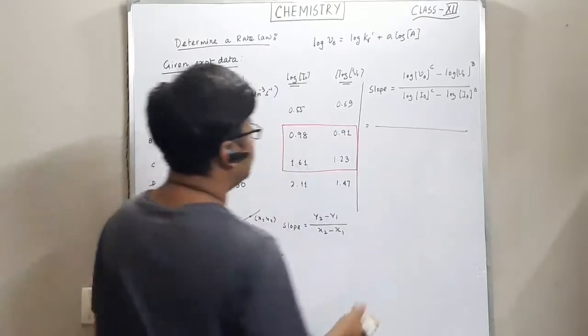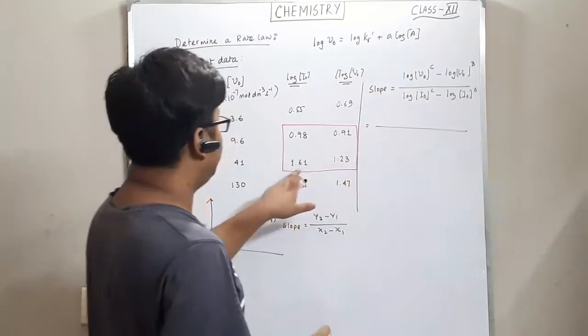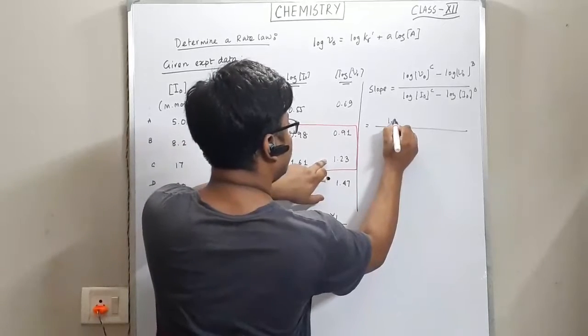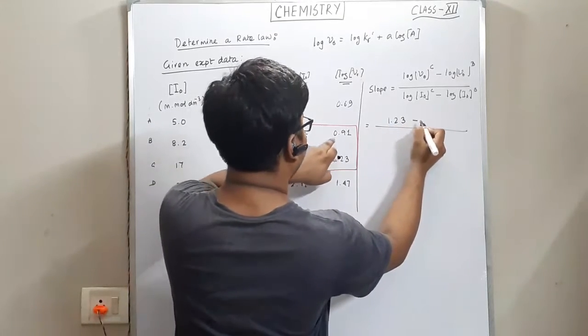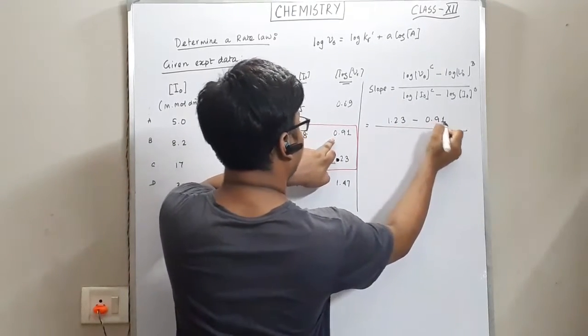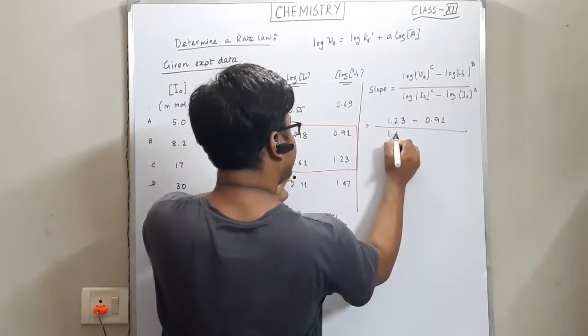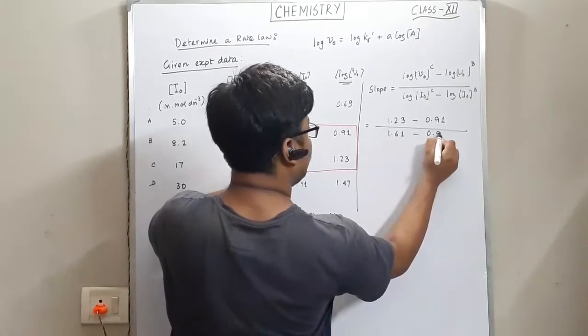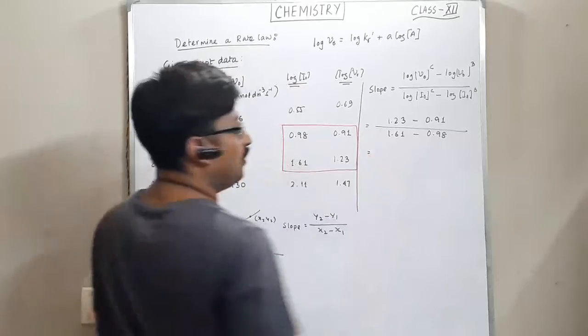So let's put in the values. This is 1.23 minus 0.91 divided by 1.61 minus 0.98. How much will you get?